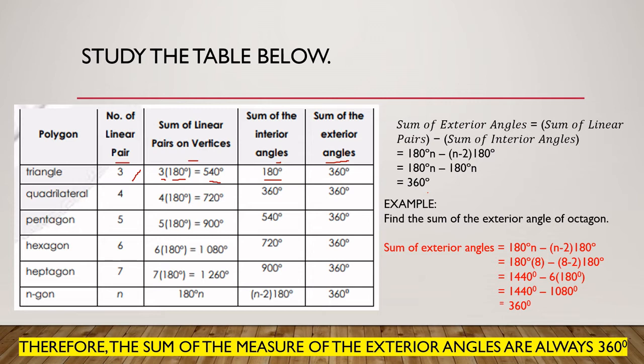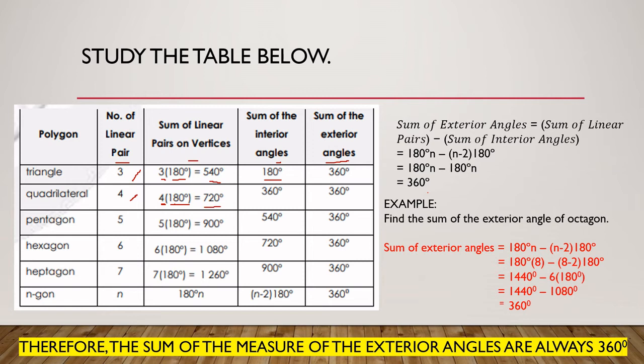Now, for quadrilateral, like for example a rectangle, there are 4 sides. So, we can form 4 linear pairs. Okay? So, again, you just multiply the number of linear pairs by the sum of the triangle, which is 180 degrees.